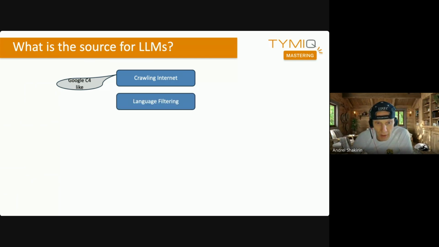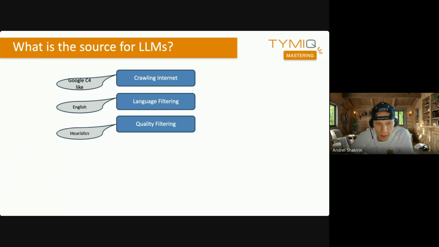The next step is language filtering. Normally models work with English. Of course, they can also process documents in other languages, but the number of languages is limited. The next step is quality filtering. On this step, there are some heuristics on whether the website or text is trusted enough. Is it true in this document, or is the website not very reliable?